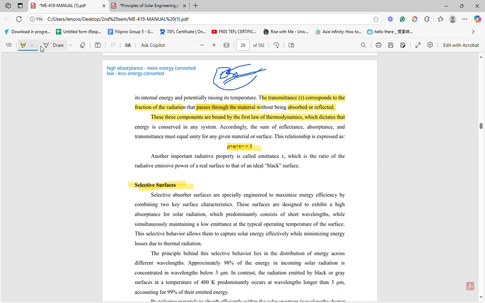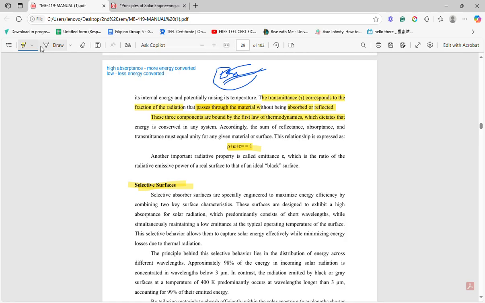However, when do we need a high transmittance? We need to consider high transmittance only if we are planting trees, for example. If you are going to be doing solar greenhouses, you need to use materials with high transmittance so the sunlight could pass through.